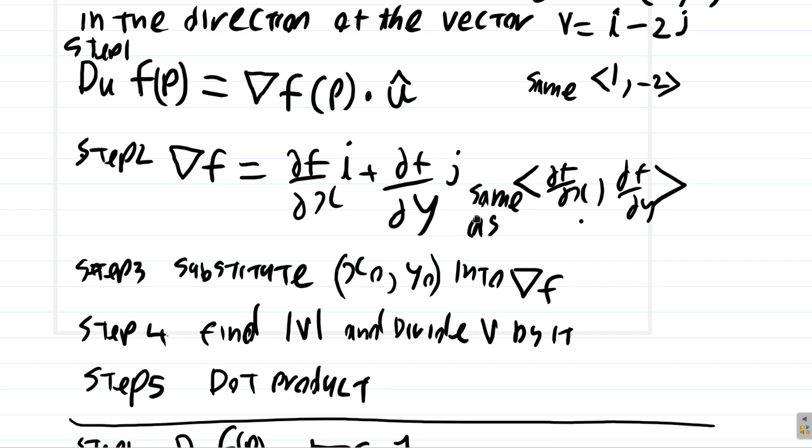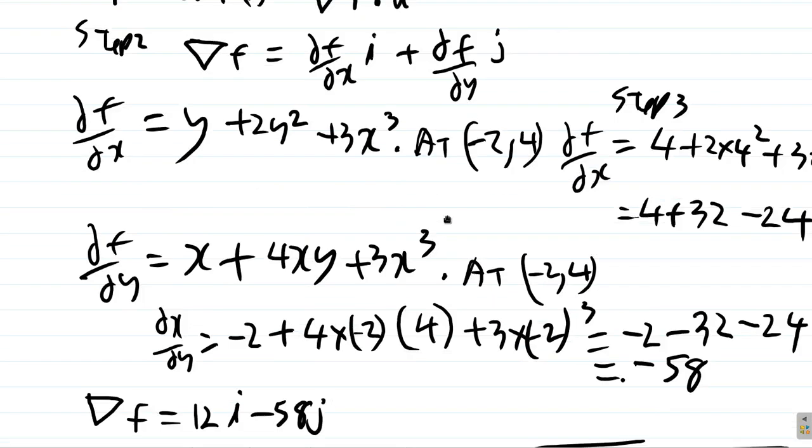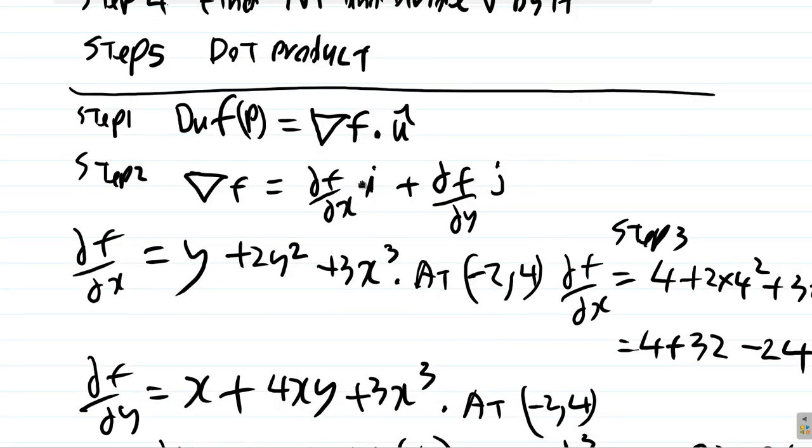Step 3, you substitute the coordinates at the point x0, y0, and you get your gradient vector. Step 4, you find the magnitude of the given vector and divide the vector by its magnitude to get the unit vector. Then of course your dot product: find the dot product of the gradient vector and the unit vector. Alright, so I'll see you in the next video.